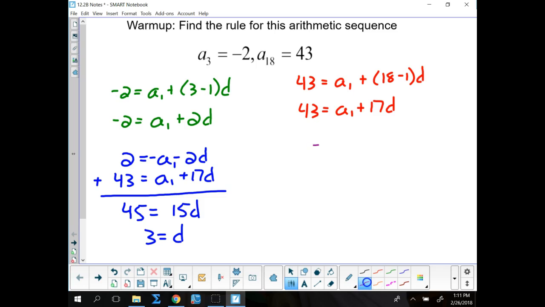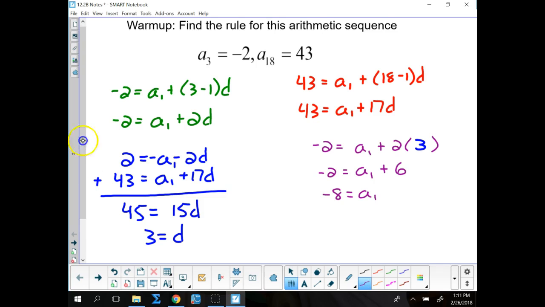So then, -2 is going to equal my first term plus 2 times my common difference, which was 3. So that becomes -2 is equal to my first term plus 6. -8 then is my first term.